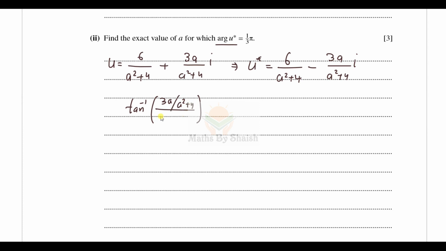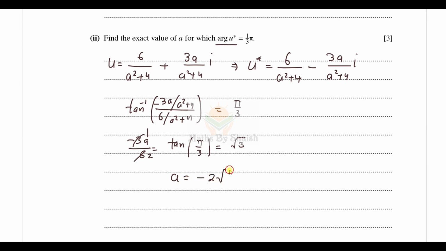It is minus here, and hence we can say minus 3a over 6 is equal to tangent of pi by 3, and tan pi by 3 is root 3, and hence we can cancel it by 2. So a is equal to minus 2 root 3. So this is the exact value of a.